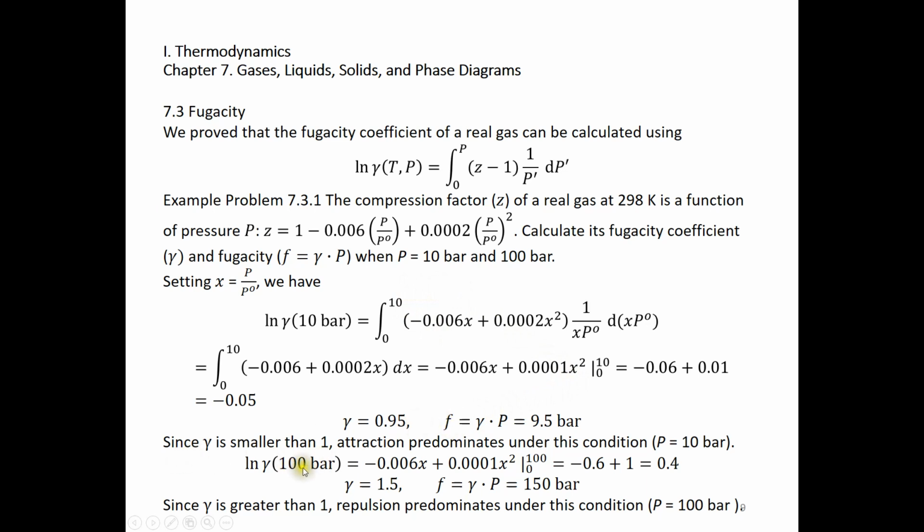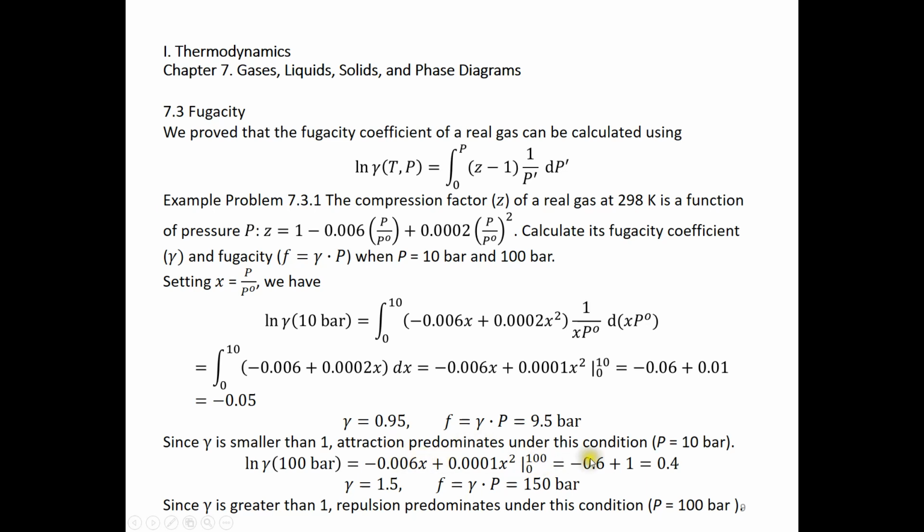Alright, and then let's look at another calculation. What if it's 100 bars? We'll just borrow this function over here. We just need to change the upper limit to 100. Now pressure is 100 bars, X is 100.